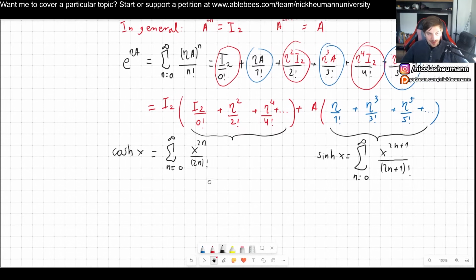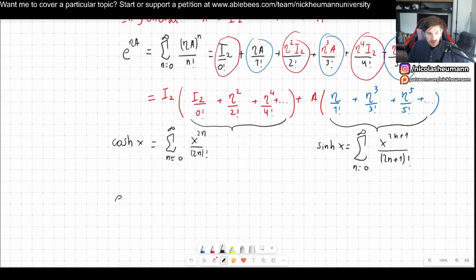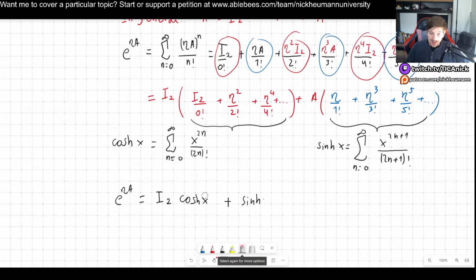So with that in mind, we can go back to the exponent here. So e to the eta a can be written as the identity, 2 by 2, factor of the hyperbolic cosine of eta, plus the hyperbolic sine of eta, and then we have a.